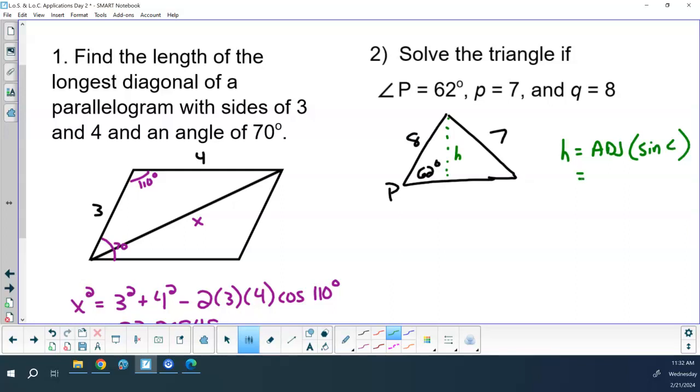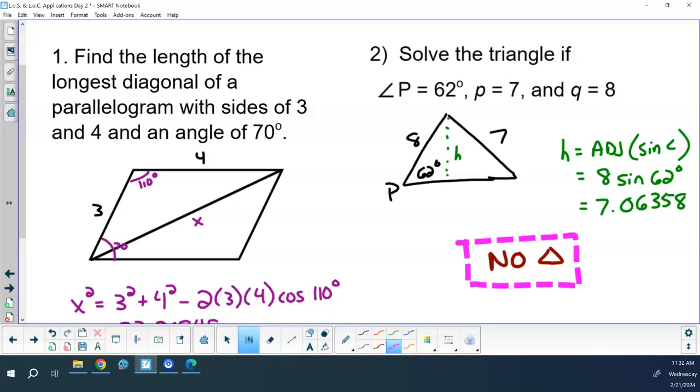So that's going to be 8 sine of 62 degrees. 8 sine 62. It'd be 7.06358. How many triangles? None triangles. Okay.